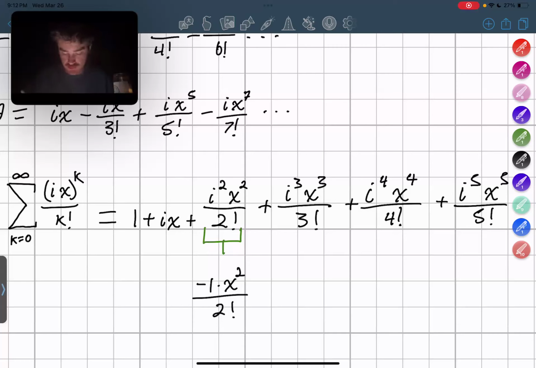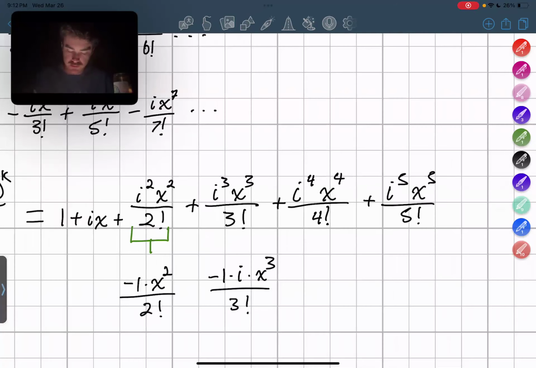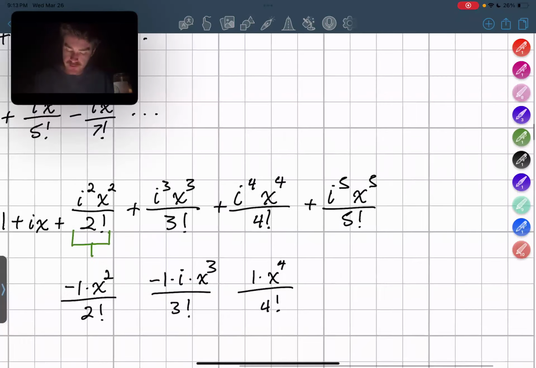i squared is -1, so it's going to be -1 times i times x cubed over 3 factorial. Similarly, this is i squared times i squared, or -1 times -1. That gets us +1 times x to the 4th over 4 factorial. And then this one, let's just write it out in case it's difficult to understand what I'm talking about here.